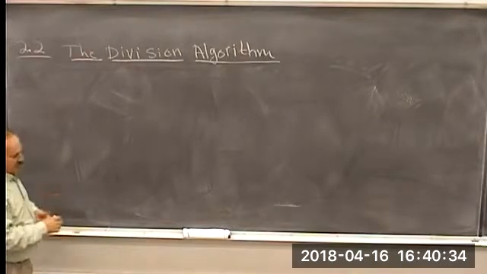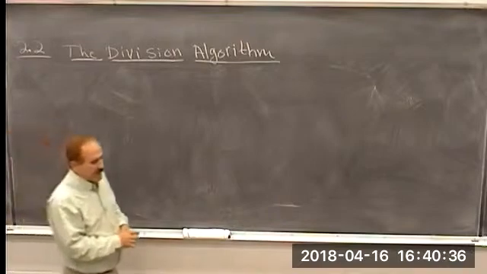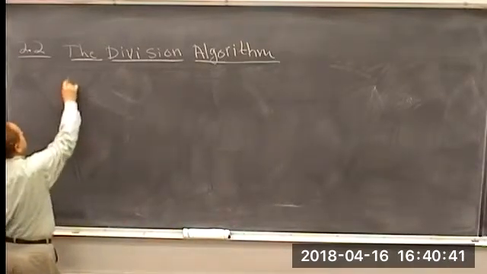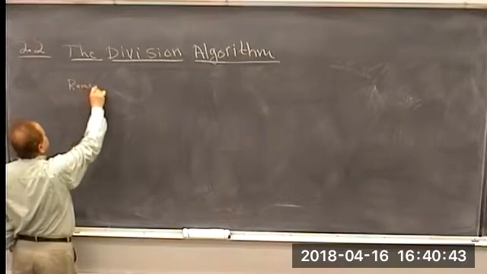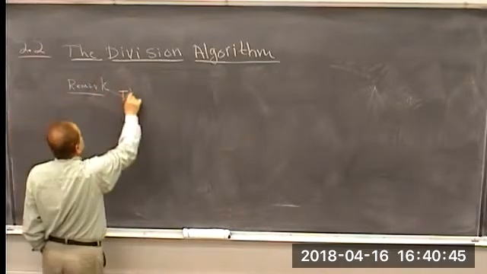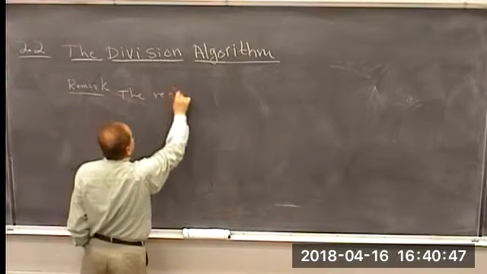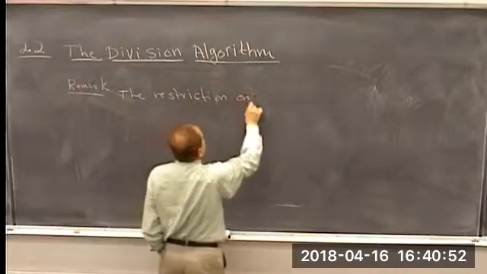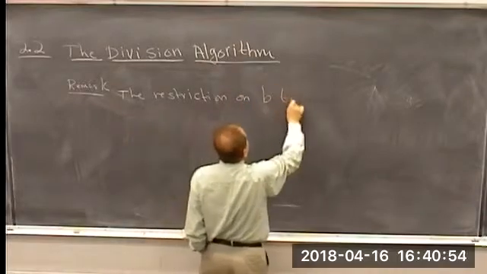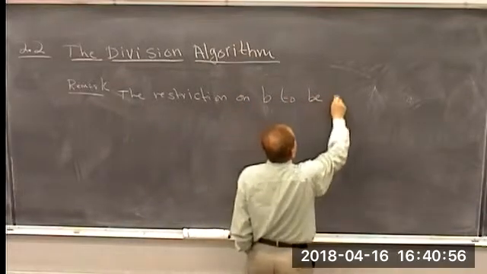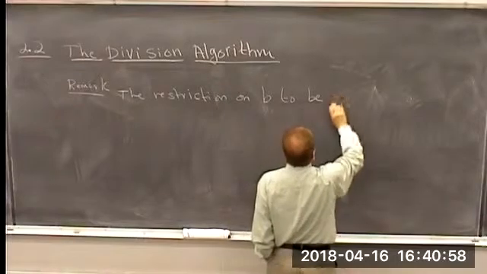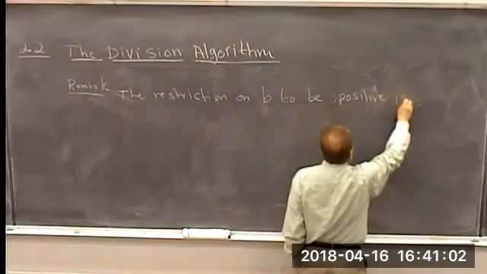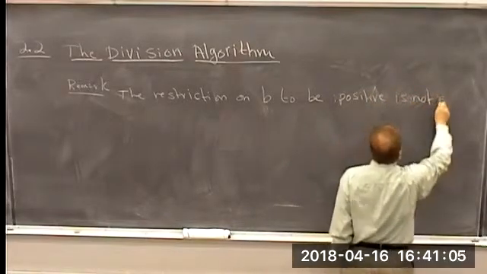We can divide by negative numbers. The only thing I cannot divide by is 0. All right? So we have this remark that the restriction on B to be positive is not necessary.